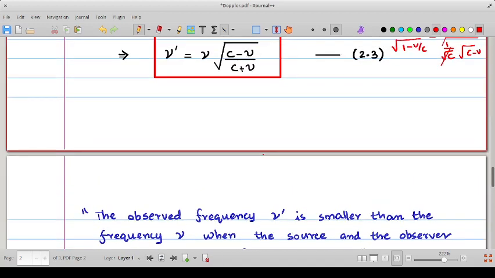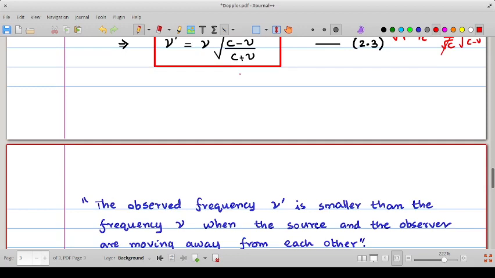So now the numerator has a factor of c minus v and the denominator has a factor of c plus v. Now the observer is moving away from the source, so v is in fact a positive number. So c minus v is less than c plus v, and therefore nu dash is less than nu, because square root of c minus v by c plus v is less than 1. The numerator is smaller than the denominator.